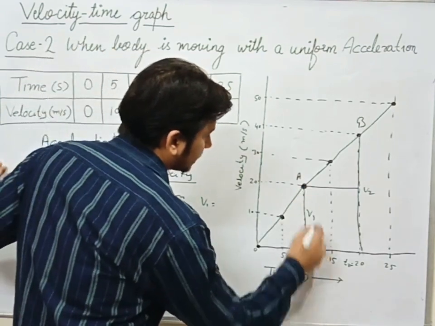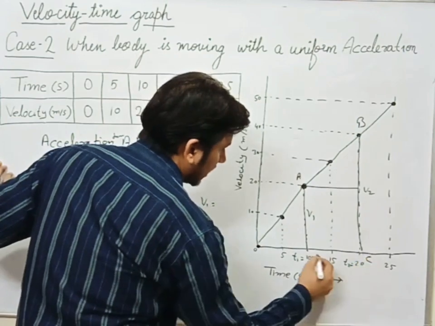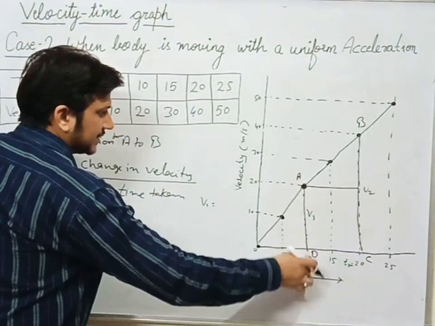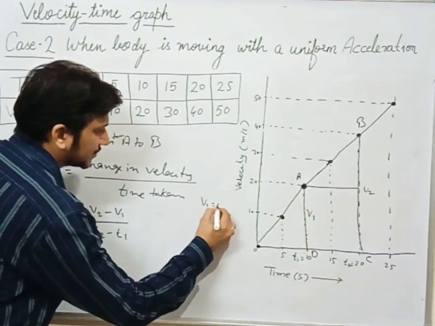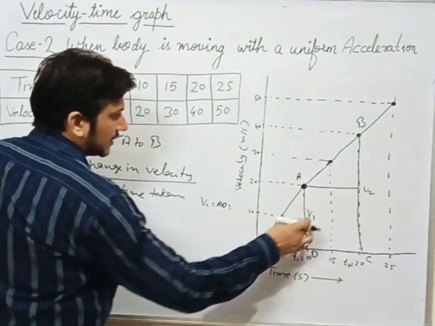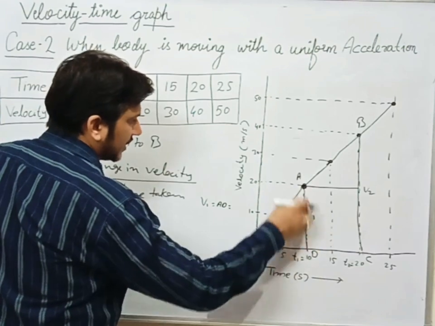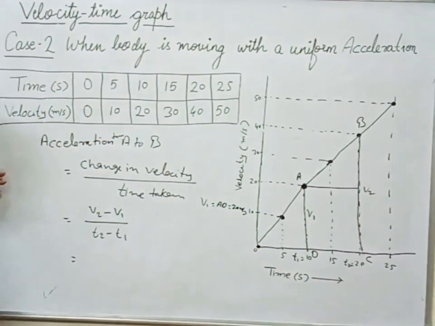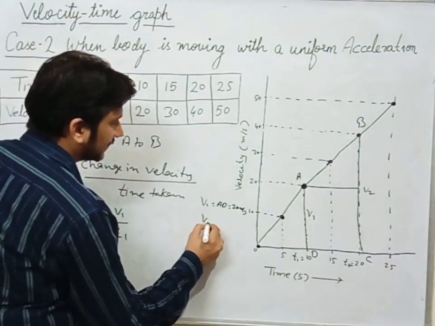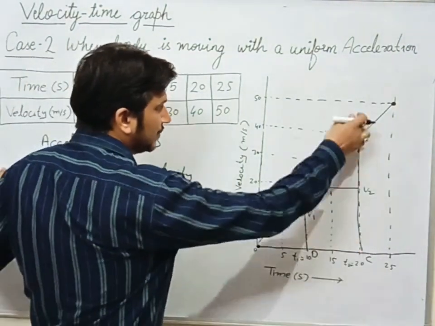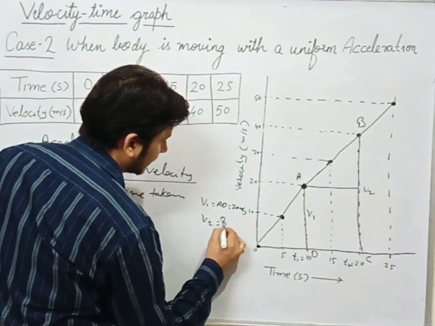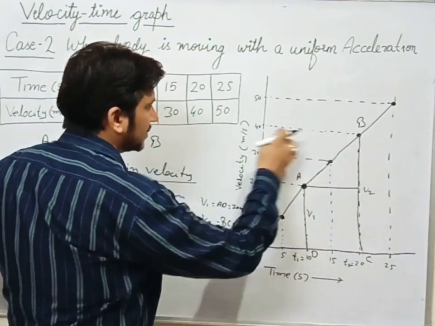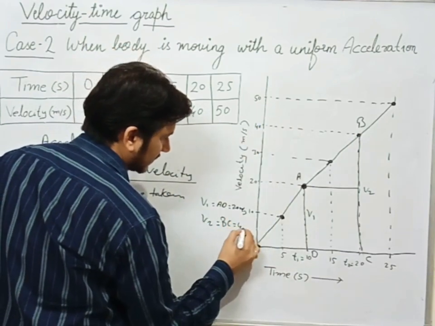Suppose these points are A, B, C and D. AD equals V1, and AD equals 20 meters per second, and V2 equals BC, and BC equals 40 meters per second.